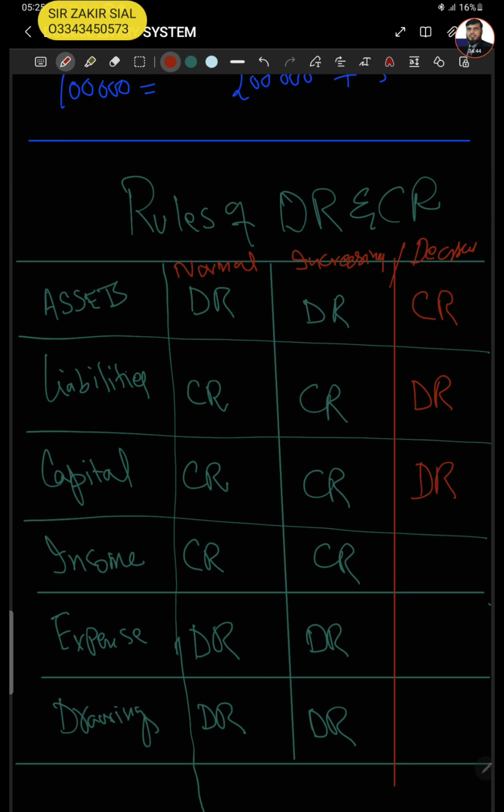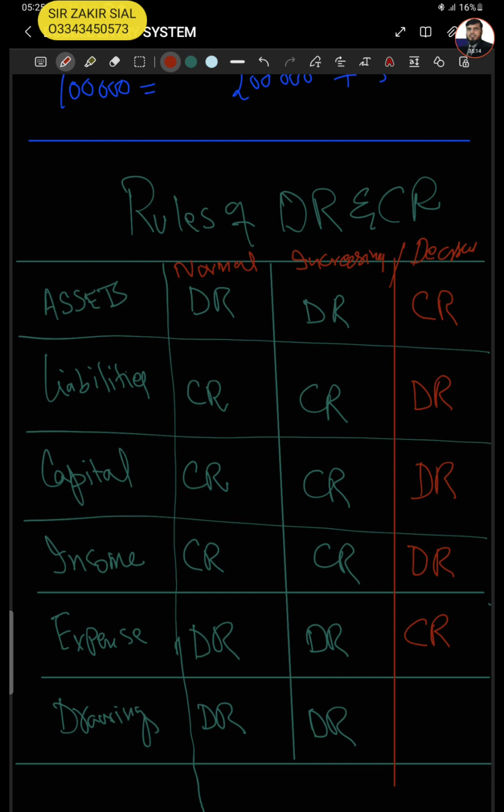Incomes are normally written on the credit side. If increasing, we write on the credit side. If decreasing, then we write on the opposite side. Expenses normally we write on the debit side. If increasing, we write on the same side, on the debit side. If decreasing, then on the opposite side, on the credit side. Drawings normally we write on the debit side. If increasing, the same side.